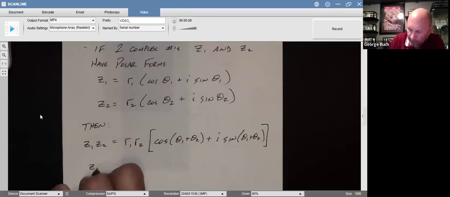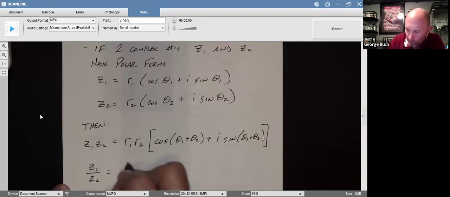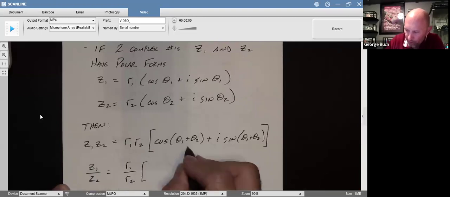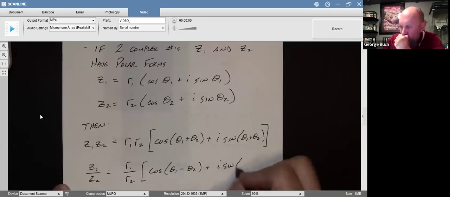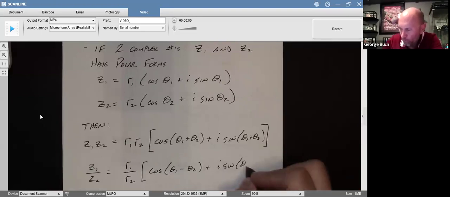If I am dividing z1 divided by z2, well, it's just r1 divided by r2. And now instead of addition, it's subtraction. So cosine of theta 1 minus theta 2 plus i sine of theta 1 minus theta 2.